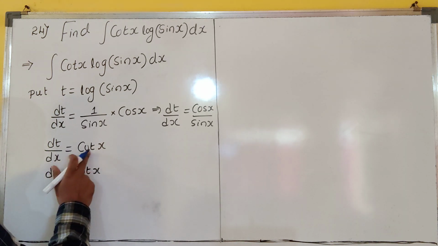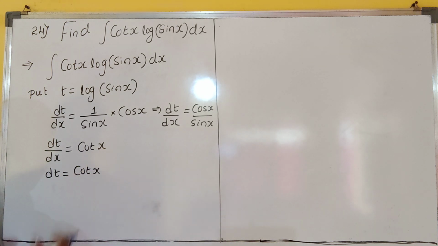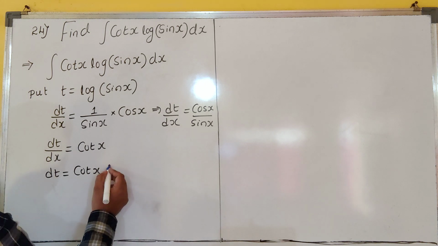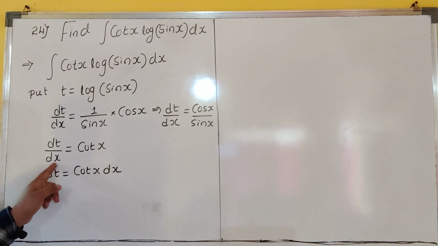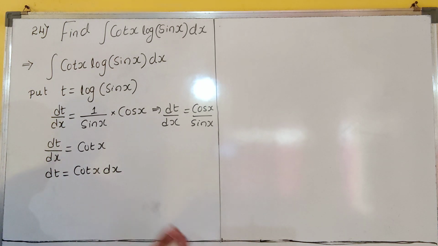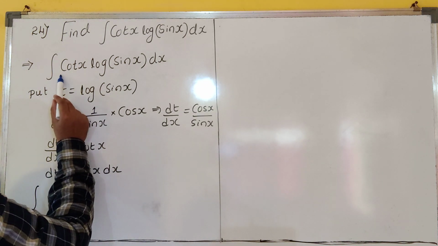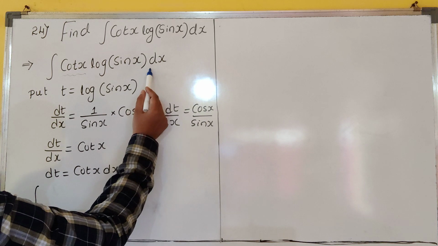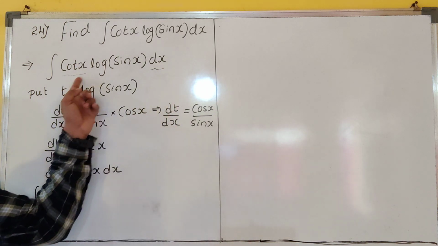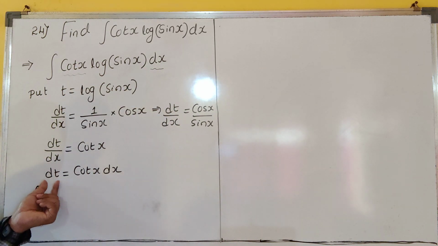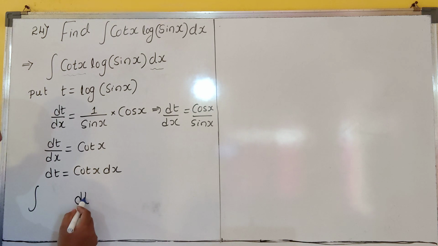See, dt is equal to cot x, dx I will cross multiply on RHS. Understood? Now you substitute in the question. So cot x dx, can you see this? Cot x dx is dt or not? dt I will write.